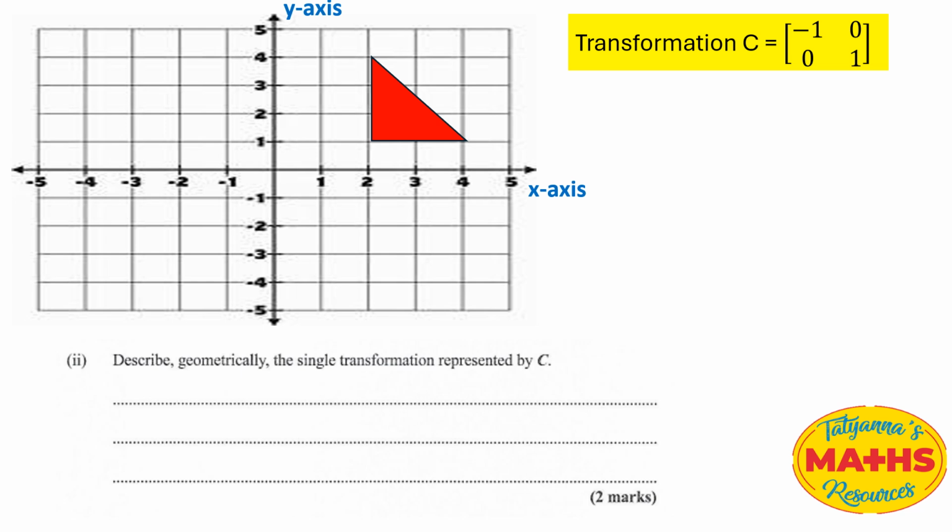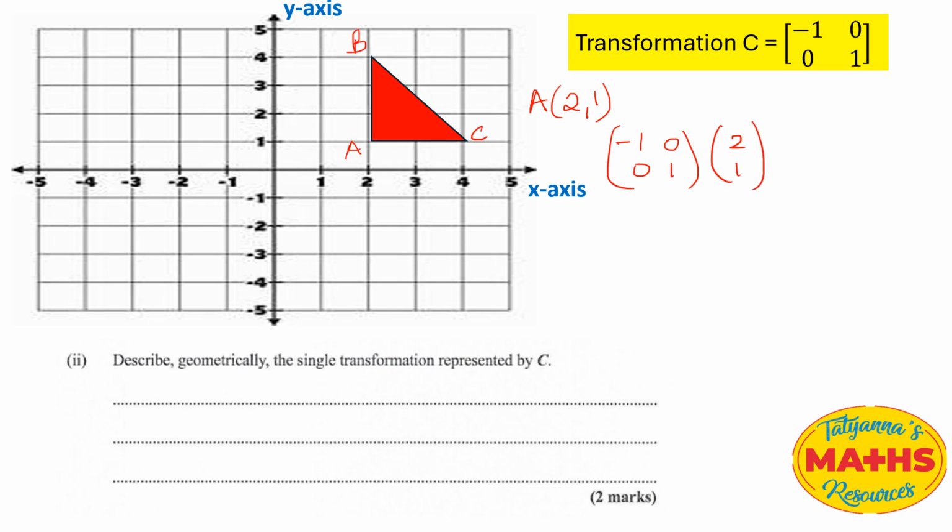Let's label this A, B, C. We're going to use coordinate A, which is 2, 1, and multiply it by the transformation -1, 0, 0, 1 by 2, 1. And let's see what we're going to get.